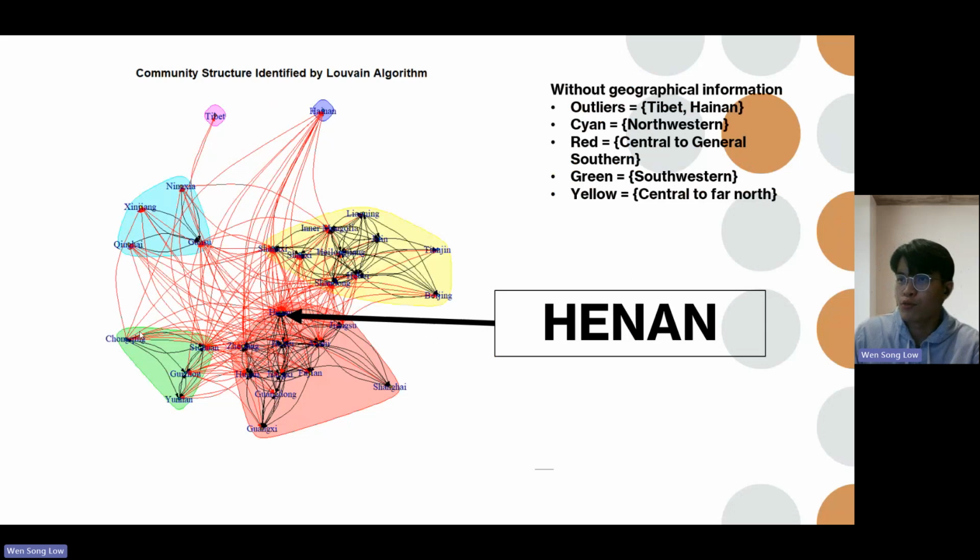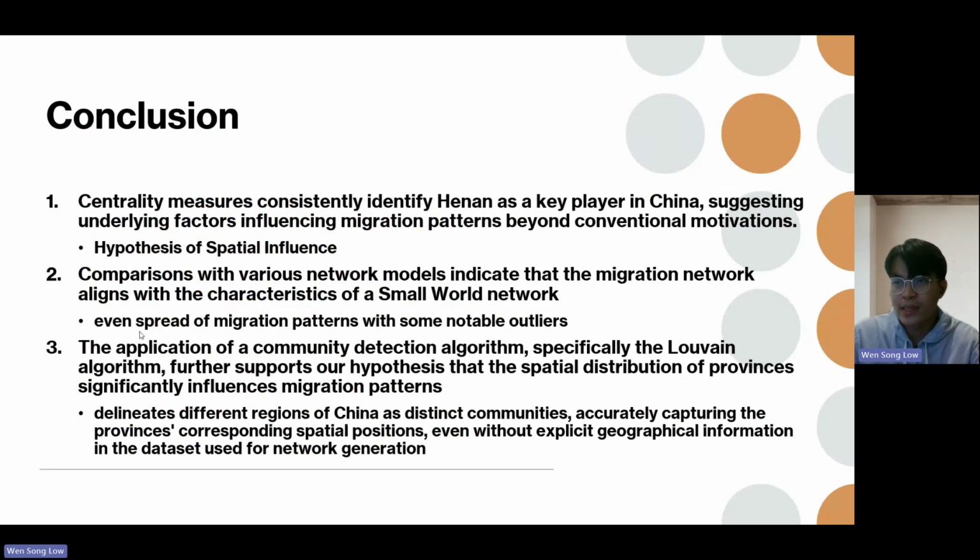So in conclusion, my centrality measurements consistently identify Henan as a key player in the migration network, which suggests that there are underlying factors influencing migration patterns beyond what we would conventionally think of as motivations, leading to the hypothesis of spatial influences.